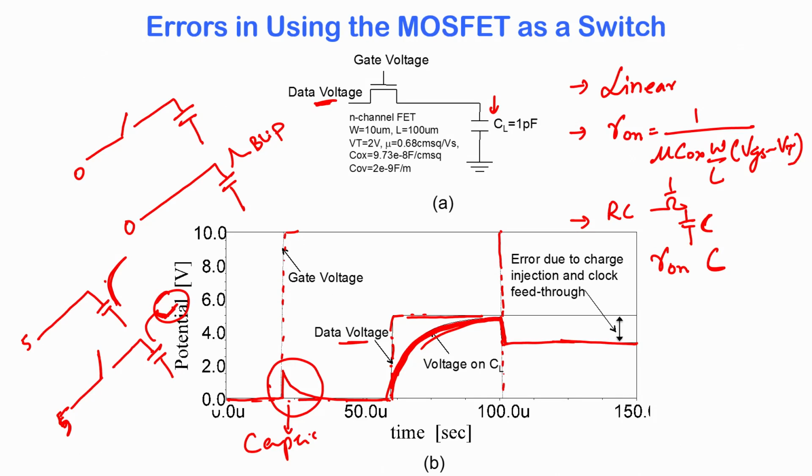So, why does the gate influence the voltage on the capacitor plates? The answer has to do with two different phenomena which cause parasitic errors in the MOSFET capacitor circuit.